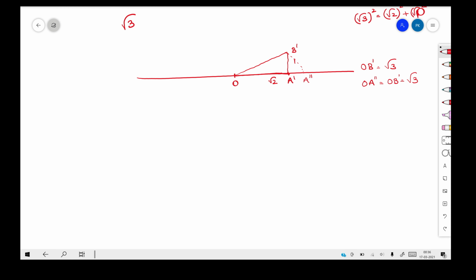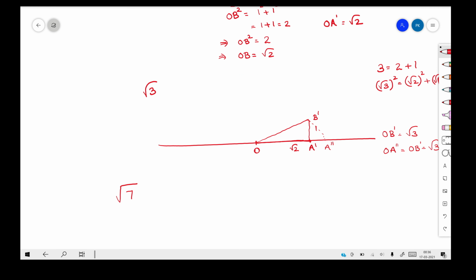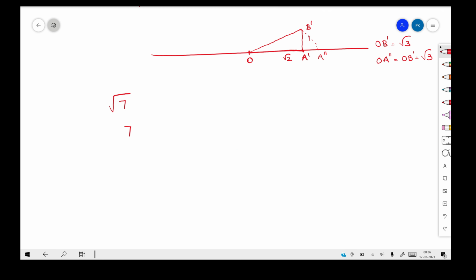Now suppose you want to represent under root 7, what will you do? You will first do the calculation so that it fits into the Pythagoras theorem. So 7 can be written as 4 plus 3. Now under root 7 the whole square can be written as 2 square plus under root 3 the whole square. Now you know how to find under root 3 from here.